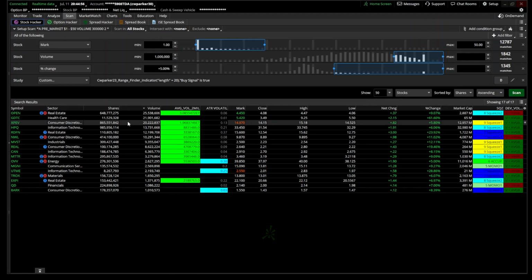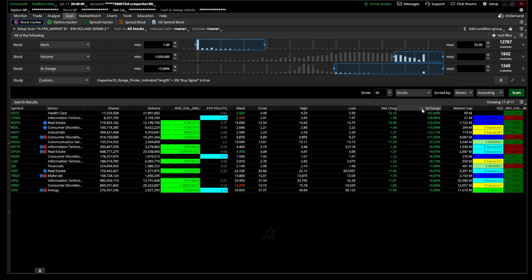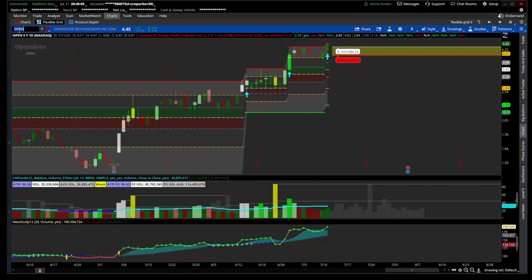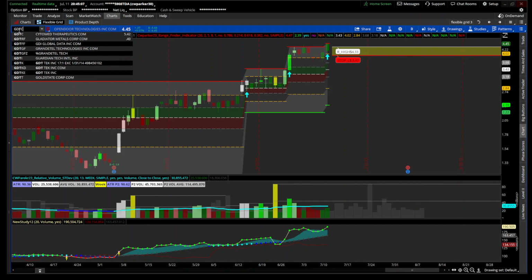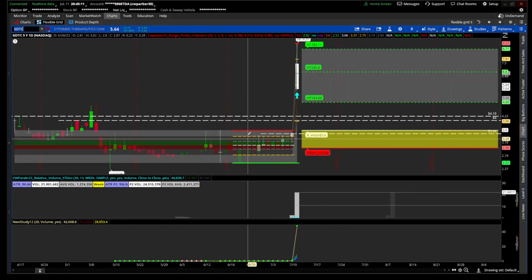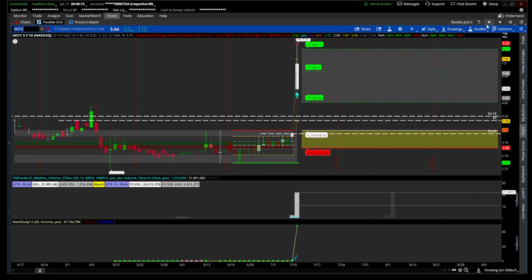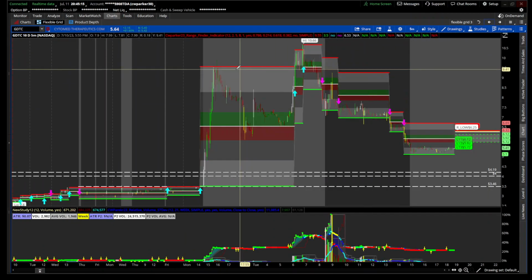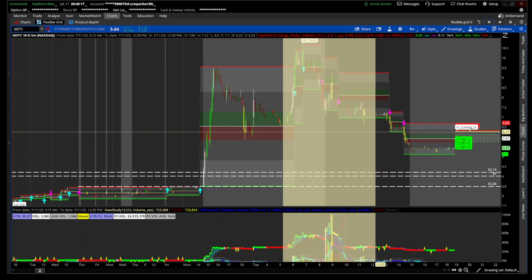So I wanted to find something special. So let's go to the highest percent change, GDTC. And this is a huge push right here. Broke out of this area right here, and it wasn't able to sustain it.